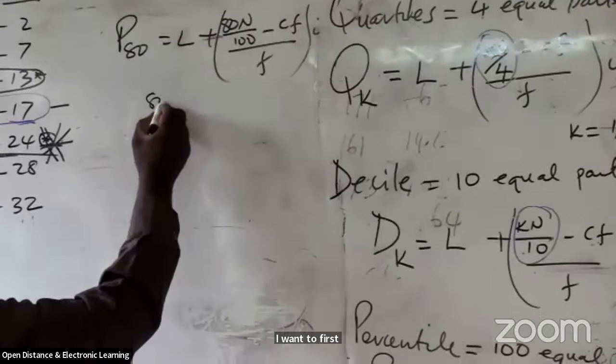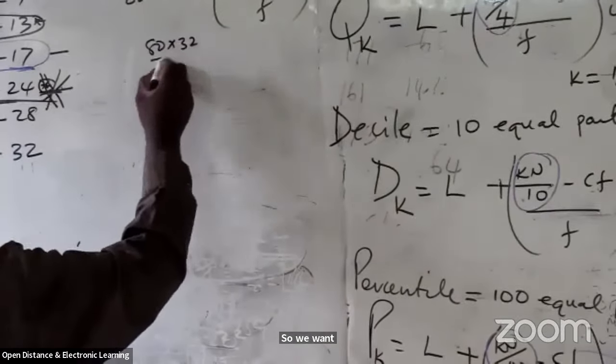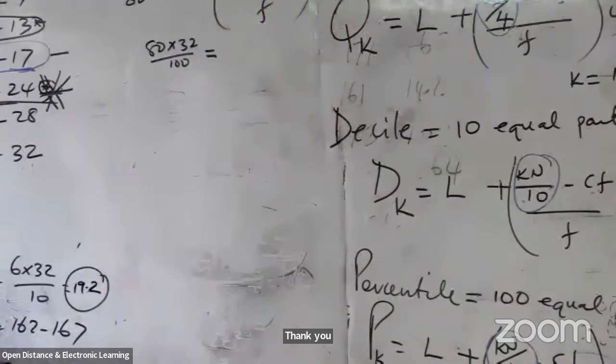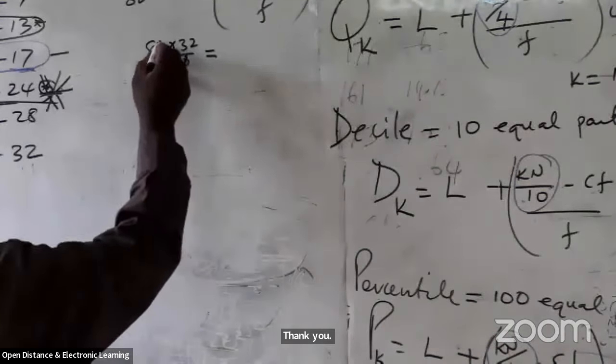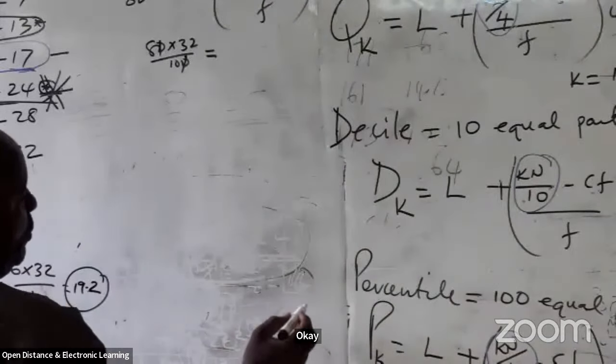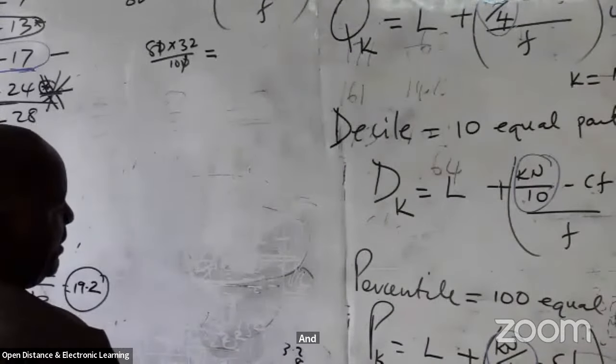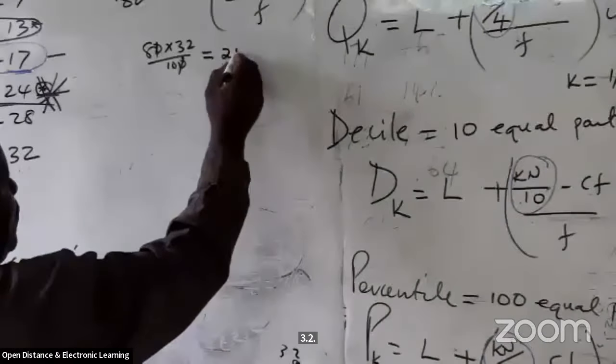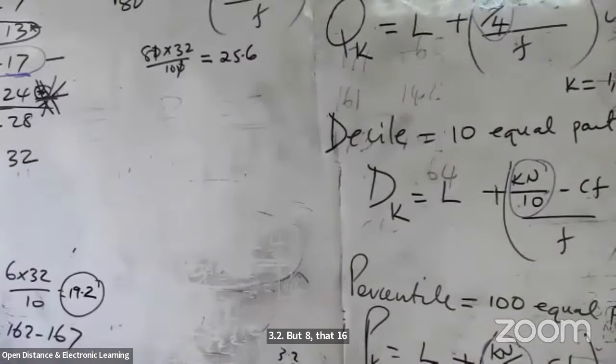So we want n, which is 32, times 8 all over 100. This will give us 25.6.